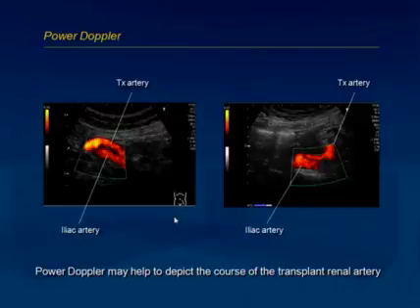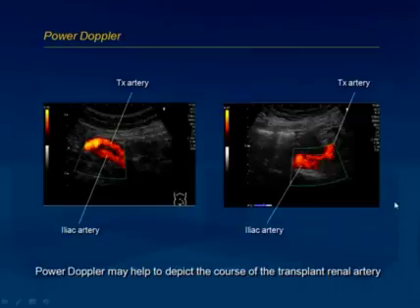So power Doppler will only show one color, but is a lot more sensitive in picking up the flow. Very helpful in obese patients, as seen in these pictures, the iliac artery seen here, and clearly defined the transplant artery originating from the iliac artery, or on the other side, iliac artery, transplant artery originating here.